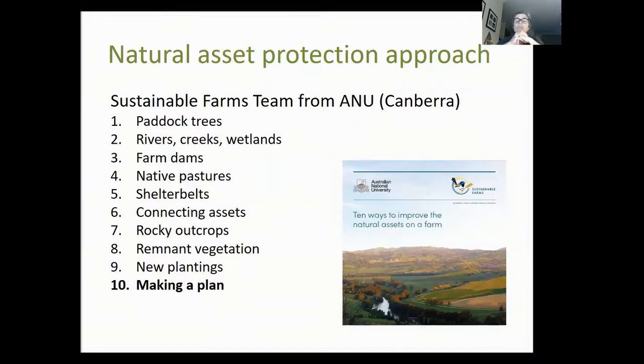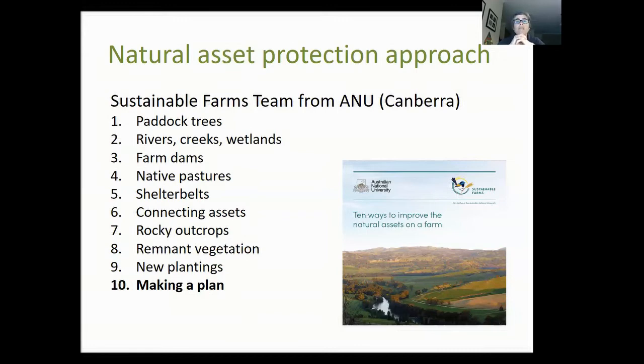So often it's really hard to know where to start on your property, and we can get a bit lost with what do we do first and how do we do it and what can we consider. And I think this guide that's been put together by the Sustainable Farms team from ANU, so the Australian National University in Canberra, is just a really simple, basic way to get your head around it and to start to think about, okay, this is giving me 10 ideas of ways I can improve the natural assets on a farm.